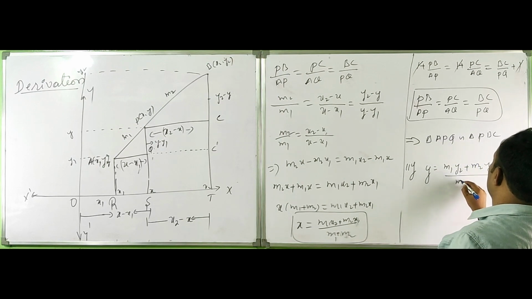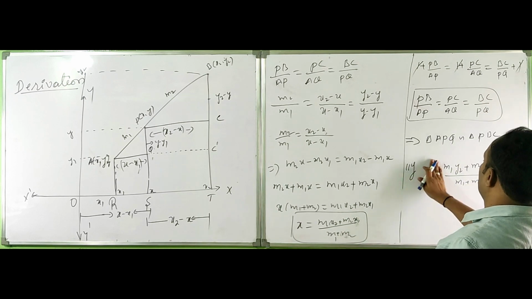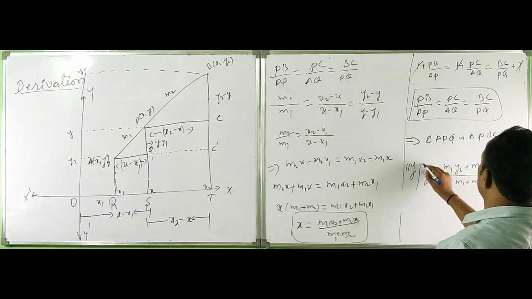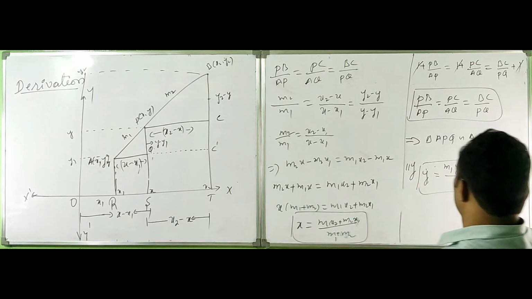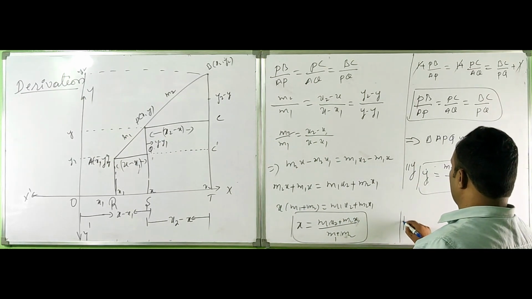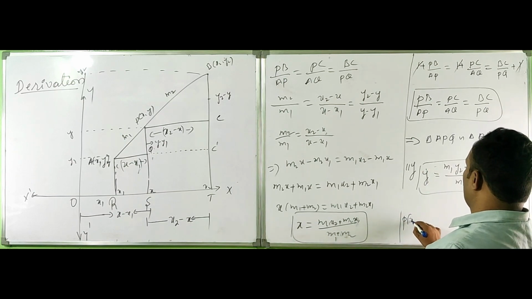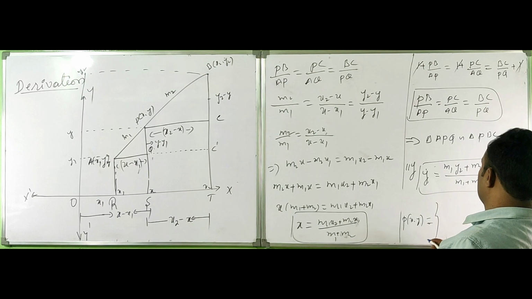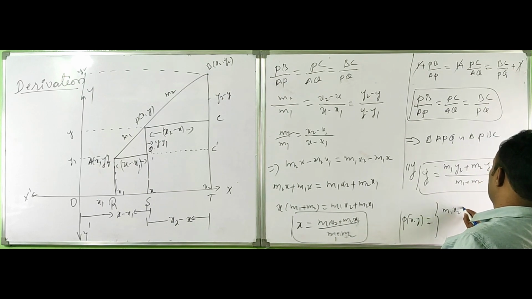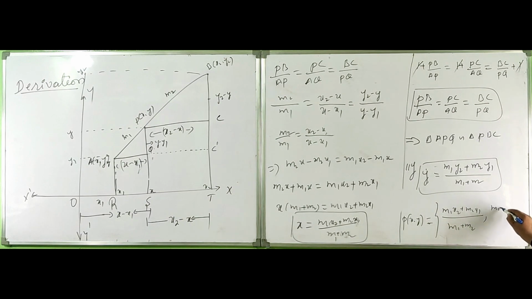Therefore, by the section formula, the point P(X, Y) is M1X2 plus M2X1 divided by M1 plus M2, and M1Y2 plus M2Y1 divided by M1 plus M2. This is the only formula.